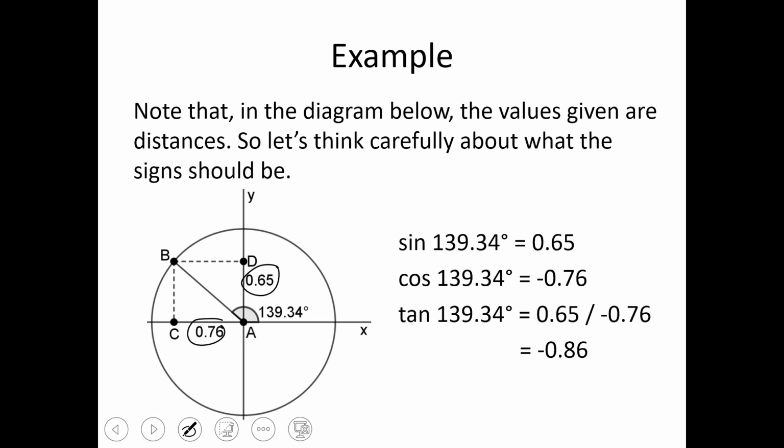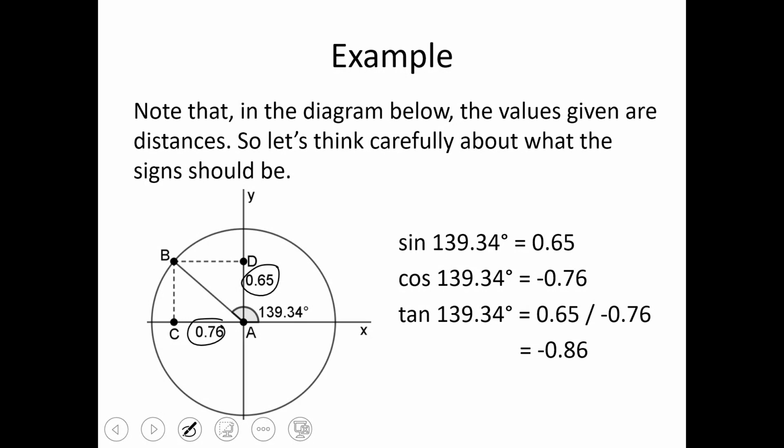So it's from A to C, which takes us to the left. That must be negative. So the value of the cosine of 139.34 is the negative of the distance from A to C. So it's negative 0.76. And then the tangent is the ratio of AD to AC, which is 0.65 over negative 0.76, and a positive divided by a negative is a negative, so that's negative 0.86.